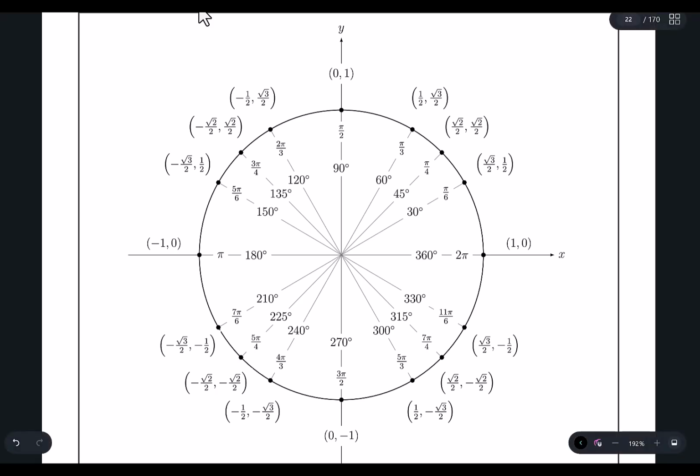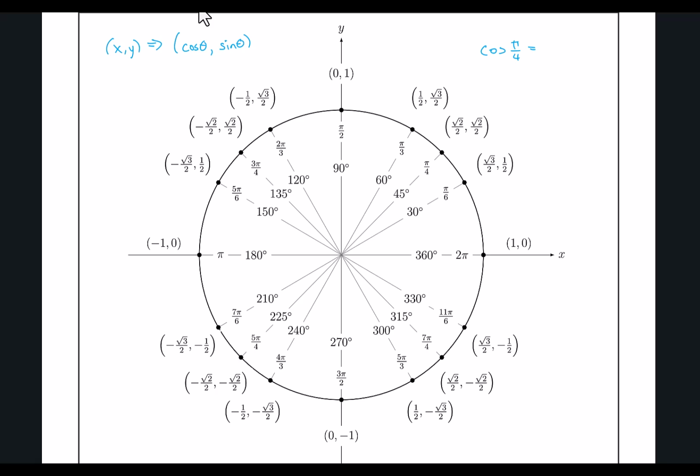So if you needed to evaluate, say for instance, cosine of pi over 4, you just need to know that each coordinate on the unit circle defines the cosine of the angle measure that coordinates with that point, and the sine of the angle measure that coordinates with that point.